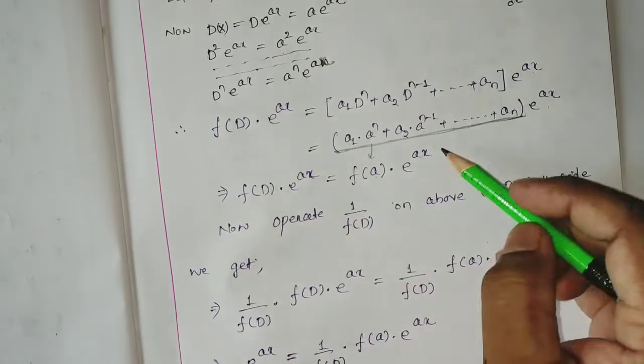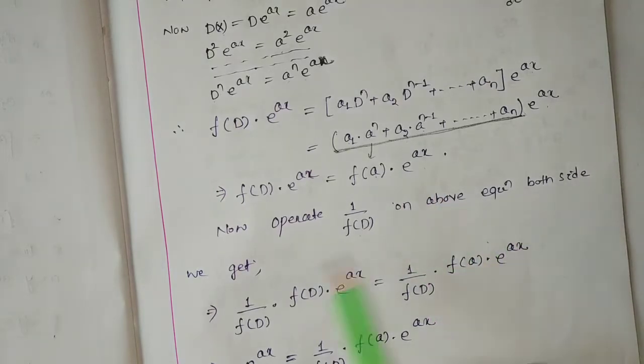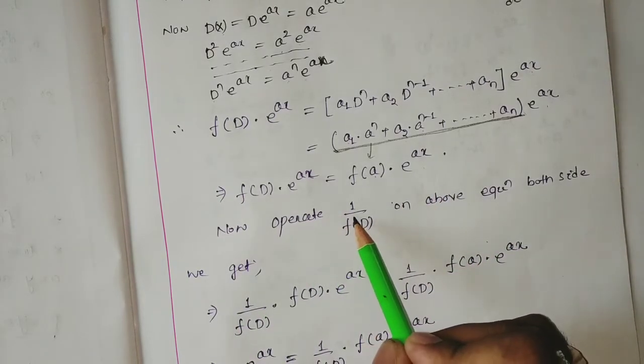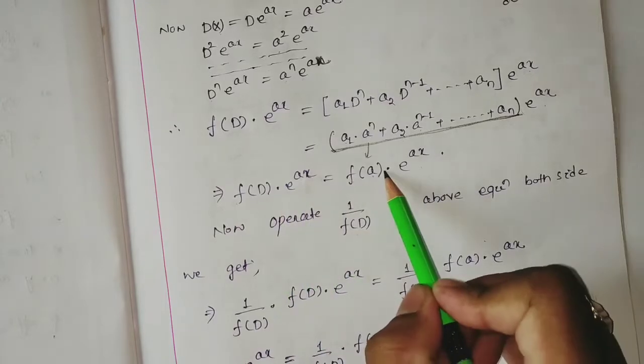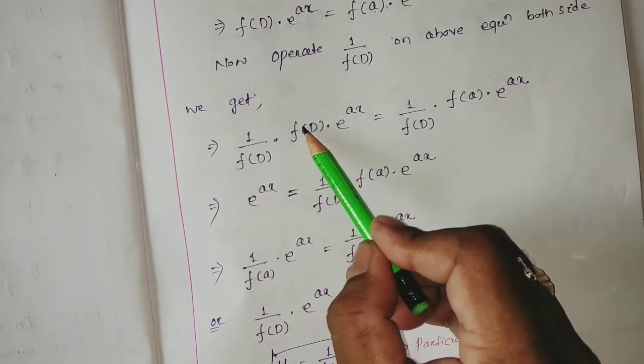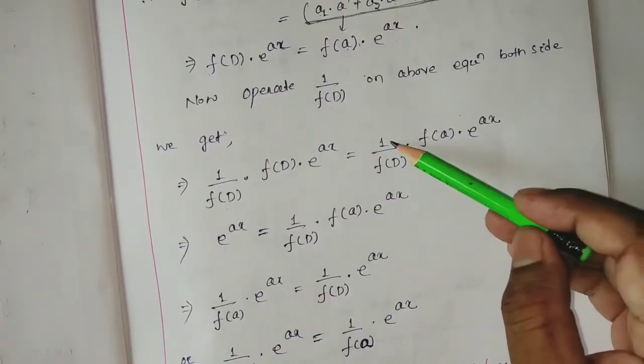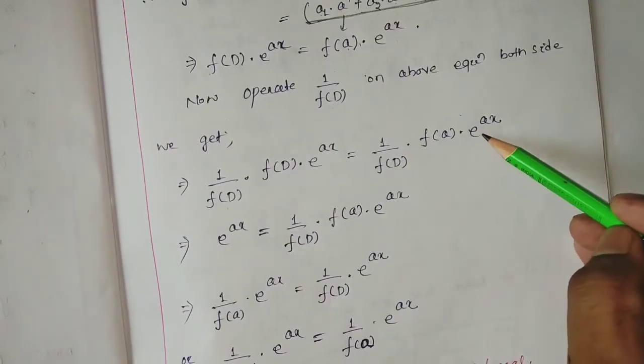Now operate 1 by f of D on the above equation, both the sides. So I operate 1 by f of D on the left hand side and right hand side. What we are going to get here: 1 by f of D into e to the power ax. Right hand side will be 1 by f of D into f of a into e to the power ax.